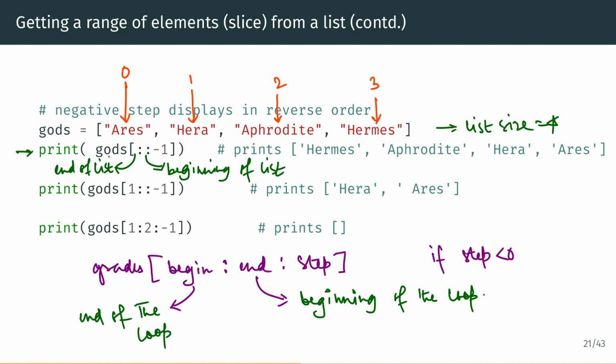So this will give you a sublist which starts from the end of the list, which is Hermes. It starts from Hermes, goes all the way through the beginning of the list, which is Aries, and steps backwards. So it will give you Hermes, Aphrodite, Hera, and Aries.